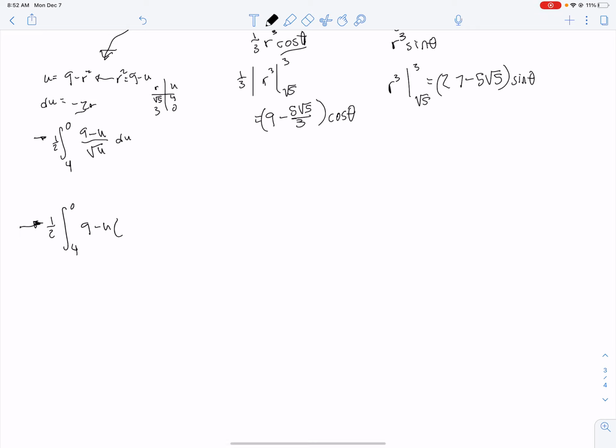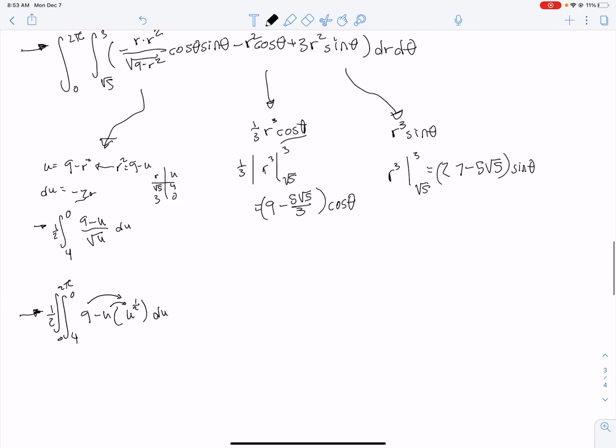U times u to the 1/2 and distribute, which would be equal to, I almost forgot to put the other one in there, sine theta. I almost forgot the cosine.